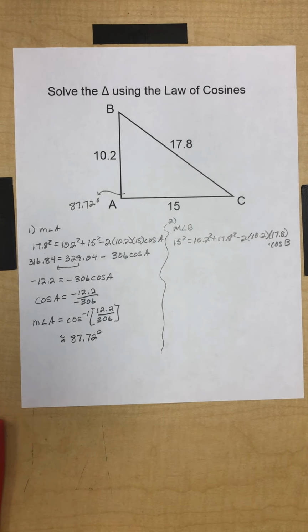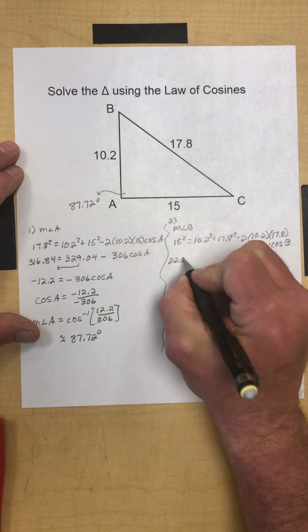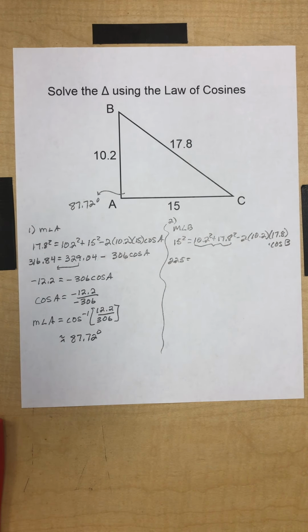Okay, so let's get our calculator going. 15 squared is 225. 225 equals, I gotta do these guys, 10.2 squared plus 17.8 squared. Don't round anything off. 10.2 squared plus 17.8 squared.